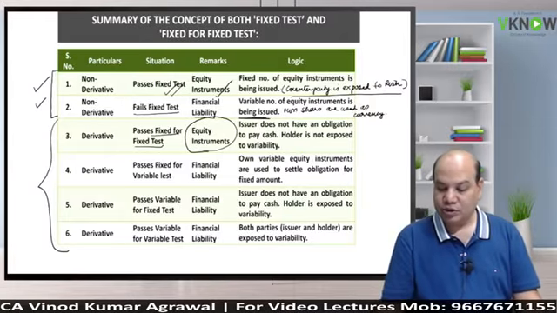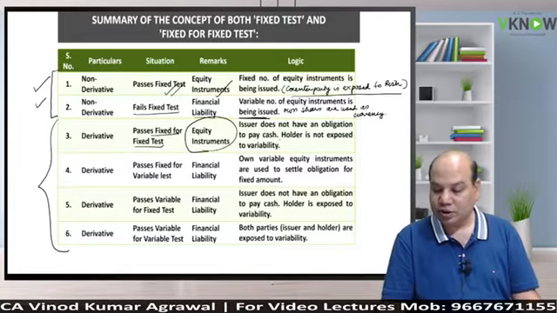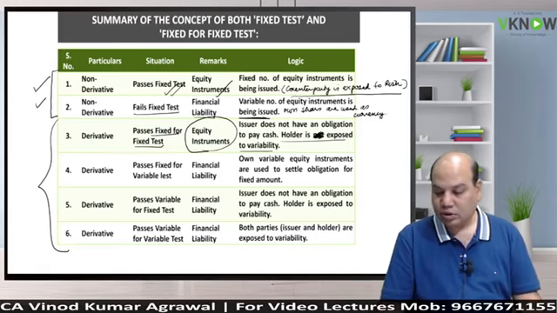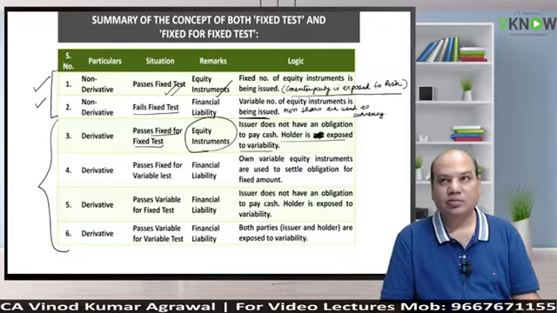Okay. The issuer does not have an obligation to pay cash. The holder is exposed to the variability. Write down. Because if I pay a fixed number of shares, the counterparty is exposed to the risk.